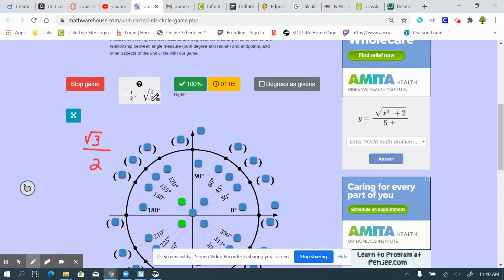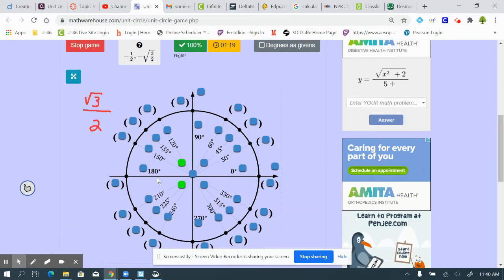The way it's written here, it looks like it's rad 3 over rad 2, which is not correct. It is rad 3 over 2, so you're going to have to ignore the radical reaching down over here. Nevertheless, negative 1/2 to the left a half, down rad 3 over 2 is this ordered pair. So that means the cosine of 240 degrees is negative a half.